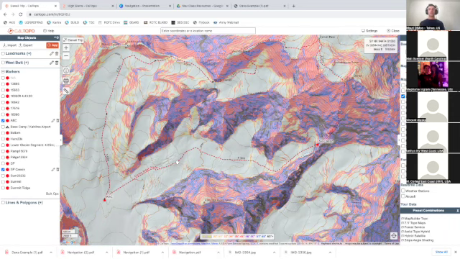The reason it's called the Valley of Death is for two primary reasons. One, you have a lot of steep terrain surrounding you to the north and to the south the entire time that you're moving. So you're very subject and a target of any avalanches that slide in that area. And you have those really big slopes, so you get a lot of momentum as they come down off that high ground.